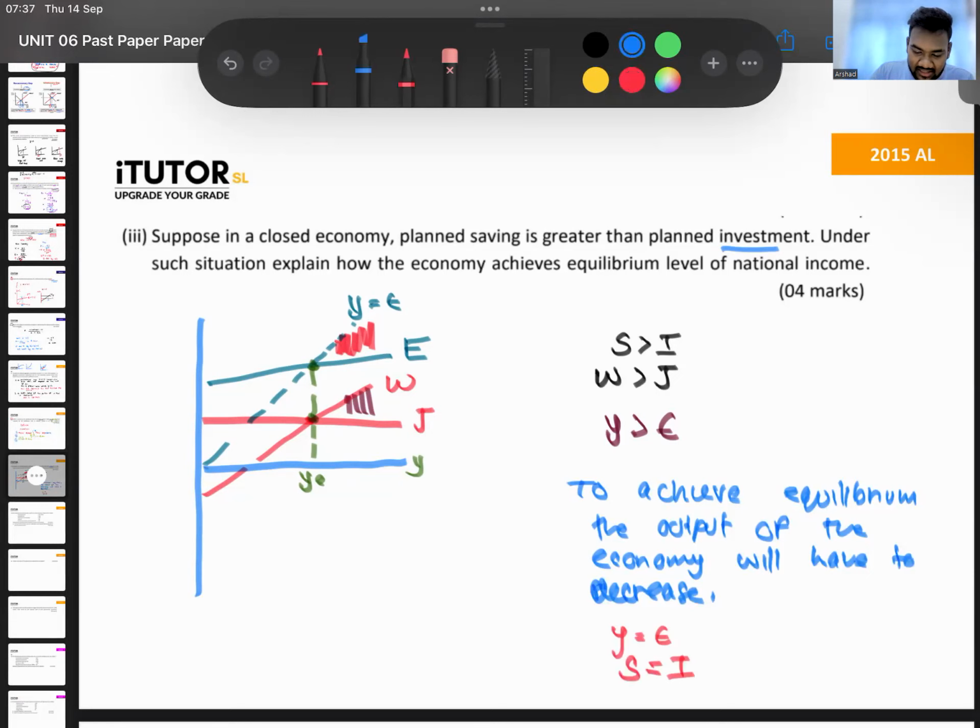So you're currently where? According to the diagram, you're somewhere around here, guys.